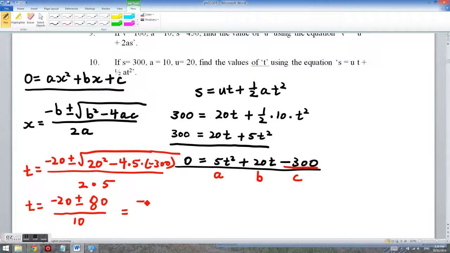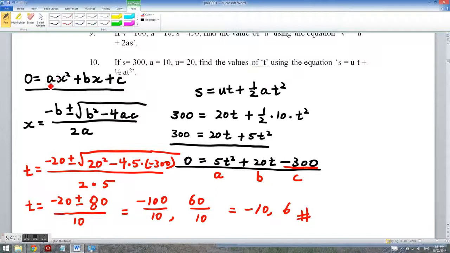Just doing your math, you should have a minus 100 divided by 10. Two answers. Always look for the second answer when doing a quadratic equation. So do that, and that's your answer.